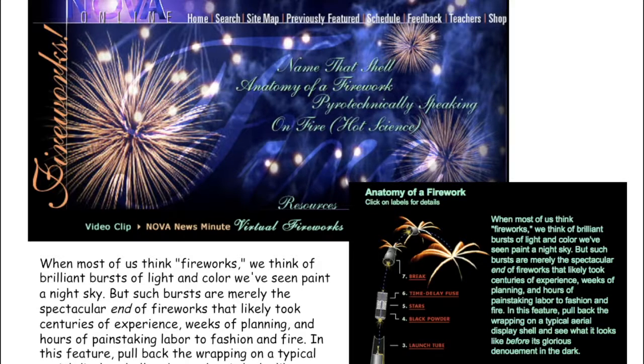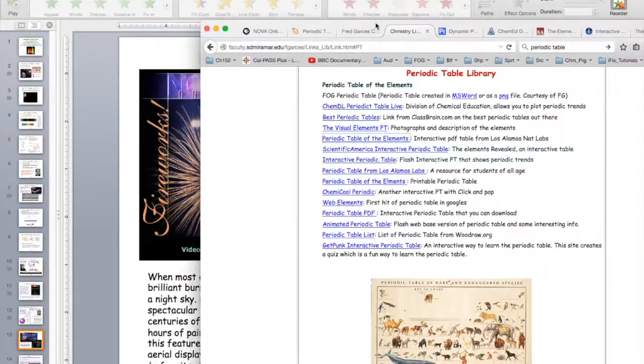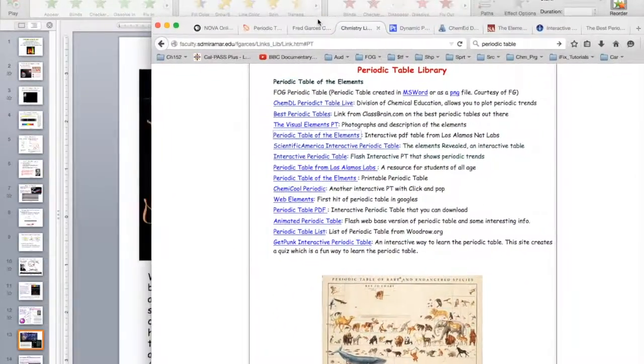And so, if you have time, go to this website, www.pbs.org/wgbh/nova/fireworks, and you'll see this site. Let me show you this site, and kind of show you what I mean by this.